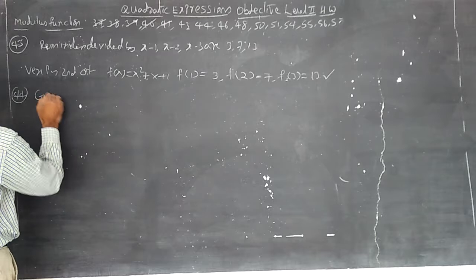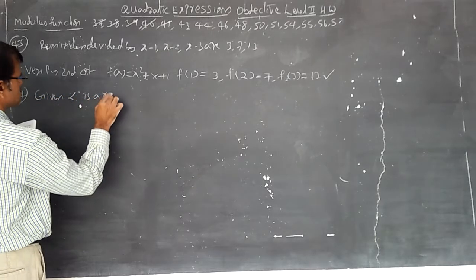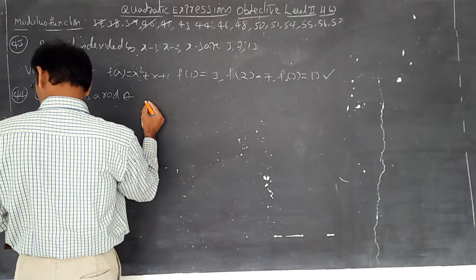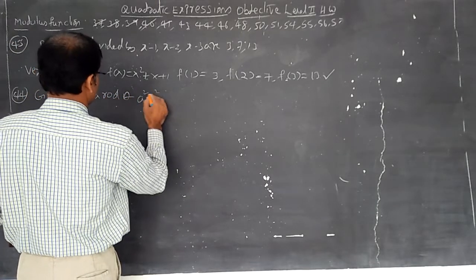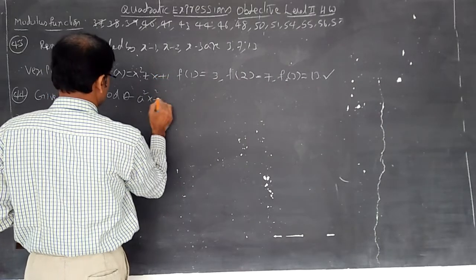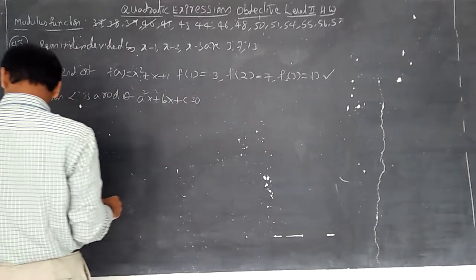Given, alpha is a root of a square x square plus bx plus c equal to 0.